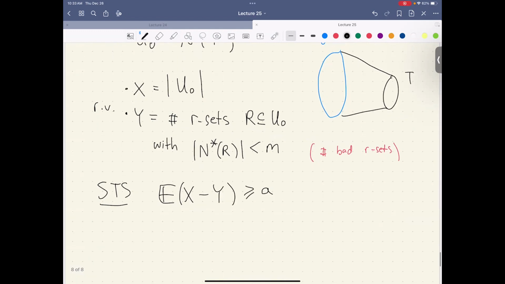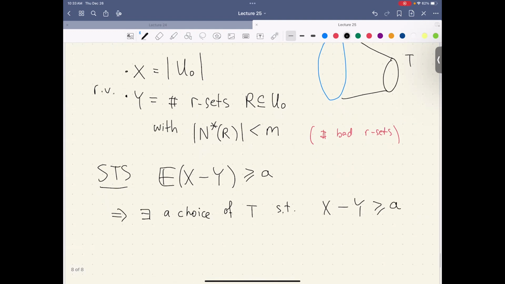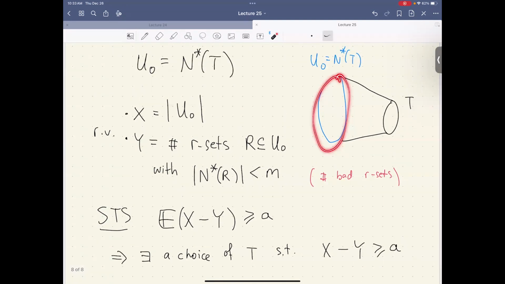Why? If this is true, this will imply that there exists a choice of T, this random set, such that X minus Y is at least A. Then what we do is, remember, X is the size of U0. For every bad R set, we remove a vertex from U0. In this way, we kill all the bad R sets. Then all the remaining R sets in U0 minus the bad vertices have large common neighborhood.